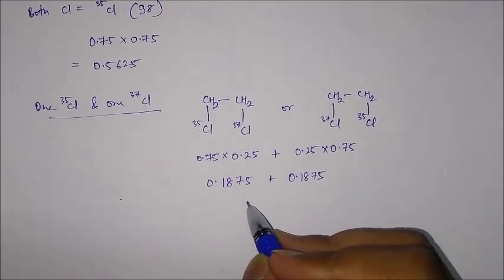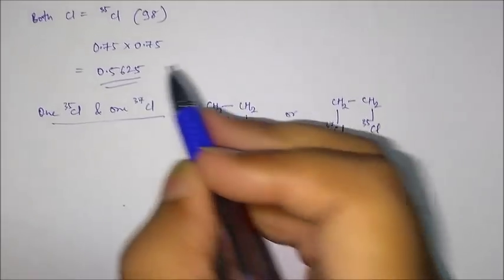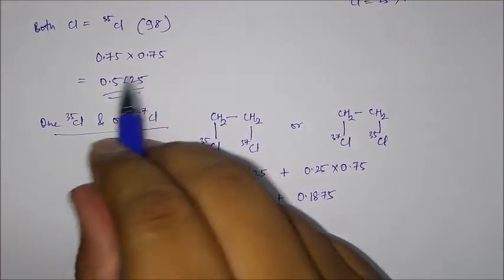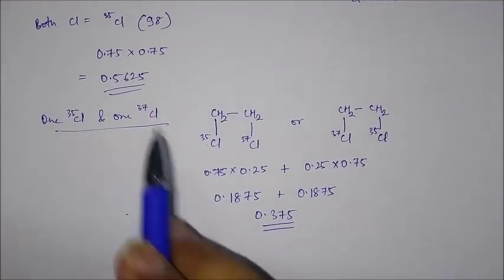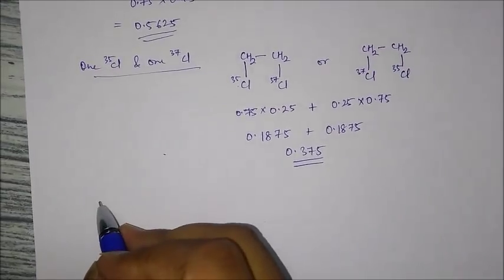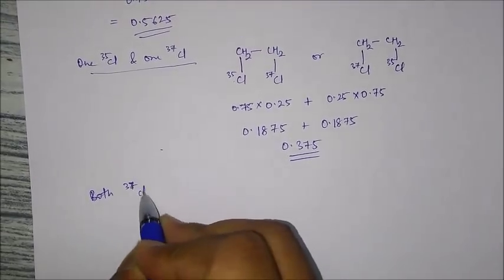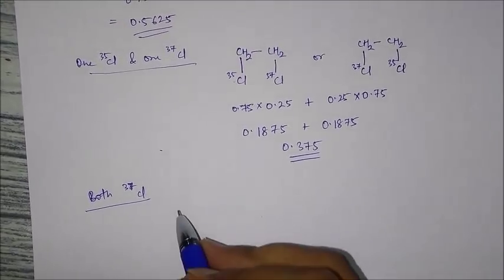If you add it, you will get 0.375. For if both the chlorine were 35, you would have got this. If one is 35 and the other 37, you would have got this. Now the next and last condition is if both of them are 37 chlorine. So what will happen here?